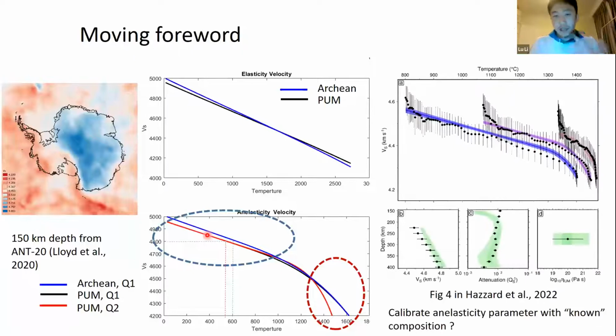At the start of this year, there was a great paper using a Bayesian approach to calibrate these anelastic parameters. I think one way to move forward is to calibrate these anelastic parameters together with the compositional impact, so that we can better constrain the thermomechanical structure in Antarctica.